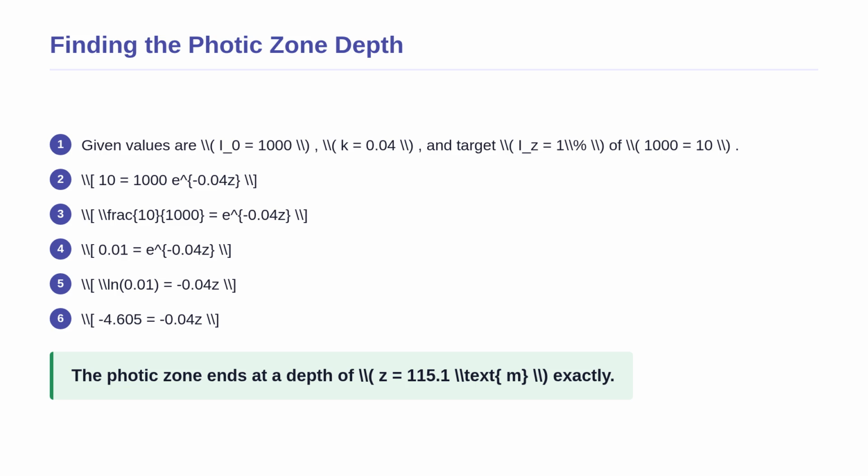We plug these into the Beer-Lambert law. To isolate the depth z, we first divide both sides by 1,000, giving us 0.01. Next, we take the natural logarithm of both sides to remove the exponential function. Finally, dividing by negative 0.04 gives us our answer. This means photosynthesis can only occur in the top 115.1 meters of this ocean.